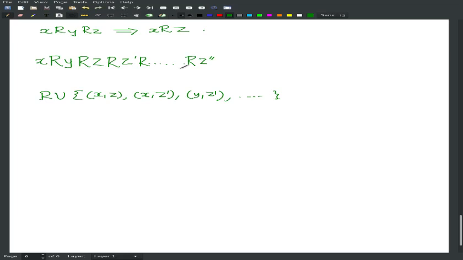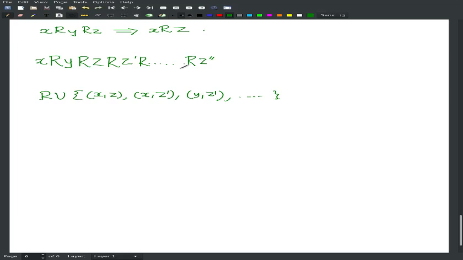And this has to be done for all possible chains and starting from all possible x's. And so we will have to describe a process which does this for chains of length 1, of length 2, of length 3, of length 4. So we have to add all of these.